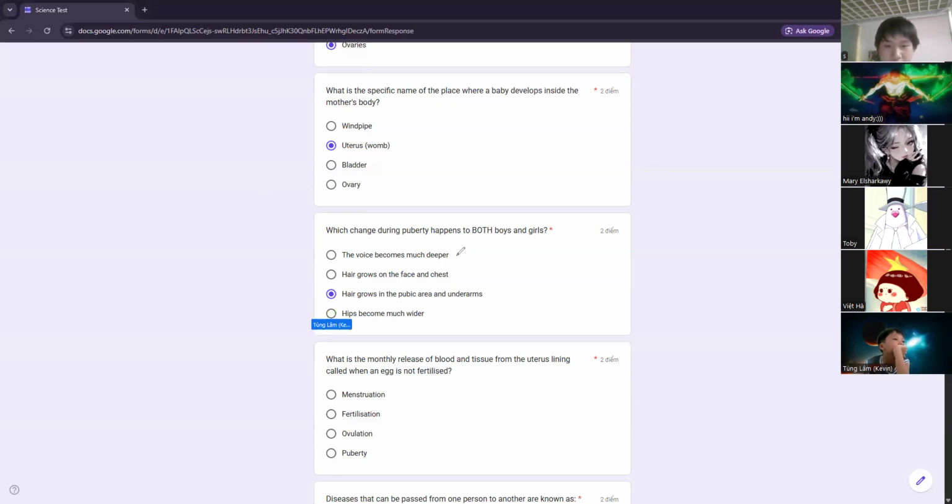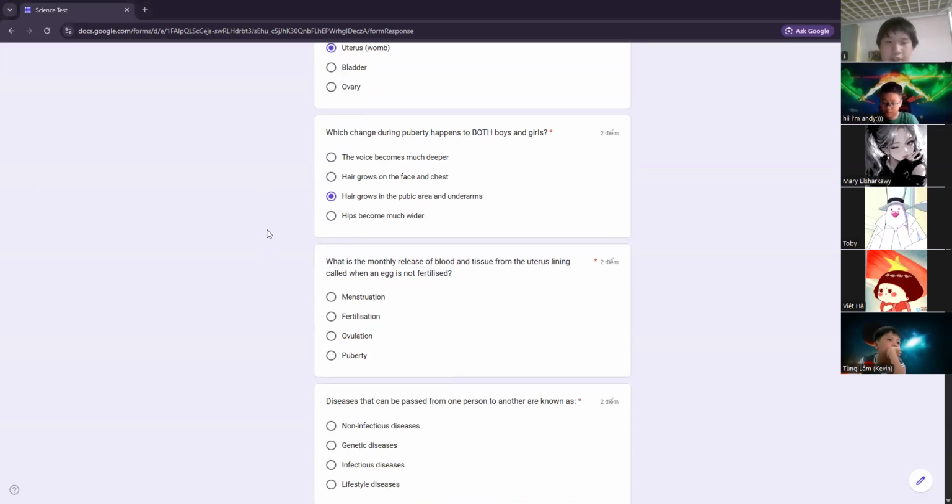The voice change is also true, however. But the main important thing here is that hair grows in pubic areas and the underarm. The hips becoming much wider only happens in males, and hair growing on the face and chest happens to males only, and some females, but mostly males.